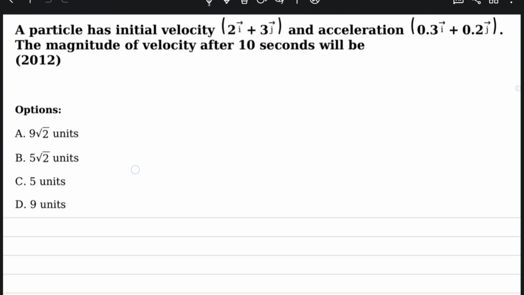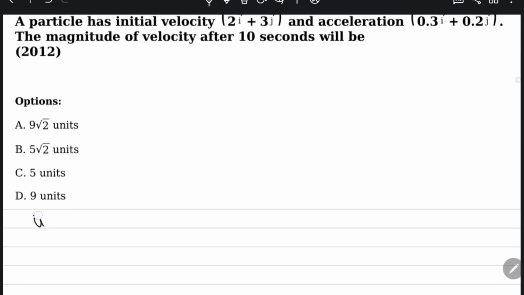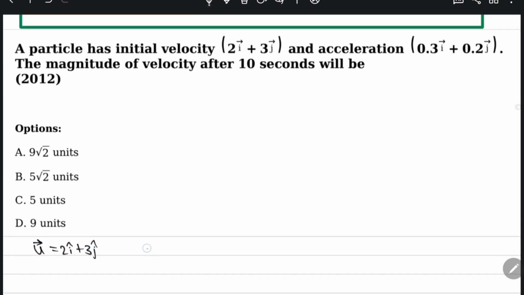Now I proceed to the next question. A particle has an initial velocity and acceleration. Find the magnitude of velocity after 10 seconds. They have given the initial velocity as 2 i cap plus 3 j cap, and an acceleration of 0.3 i cap plus 0.2 j cap.